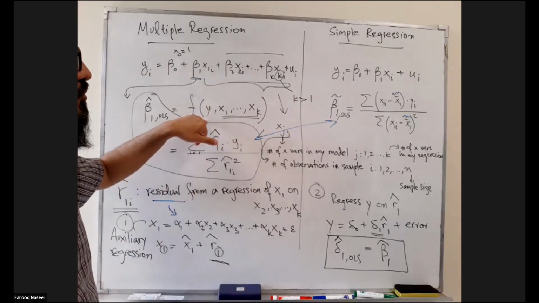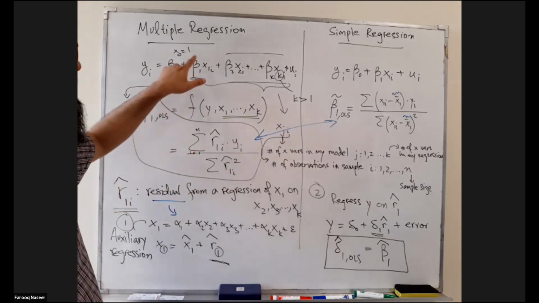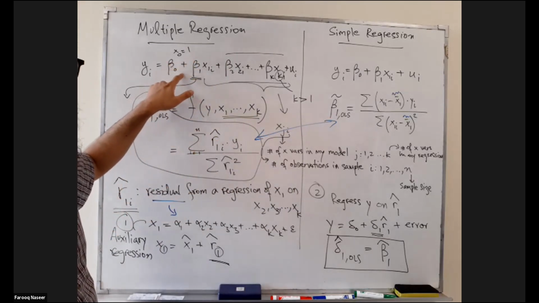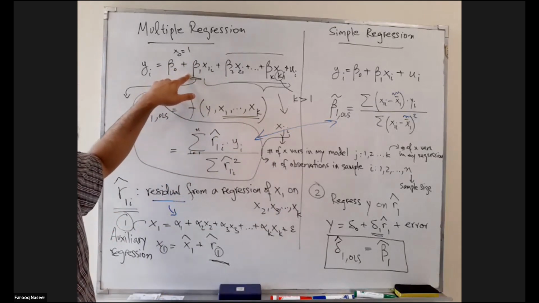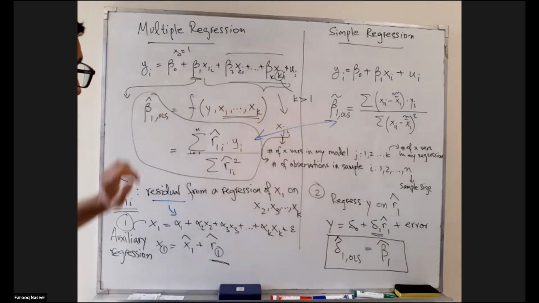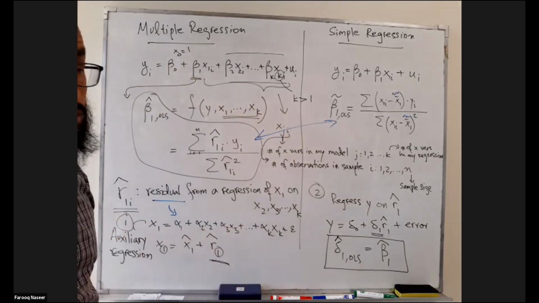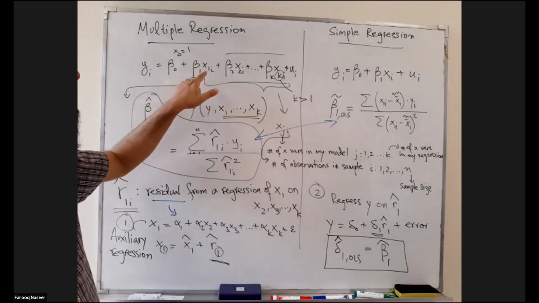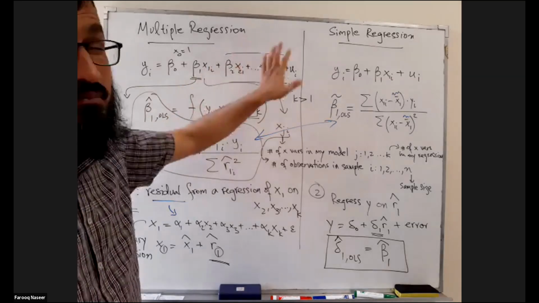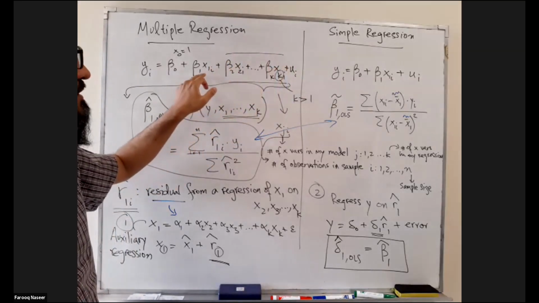Alternatively, if you were only interested in one slope coefficient in this model, the beta 1 in the multiple regression, you could do a two-step regression where in the first step, you regress the associated variable x1 on all the other x variables and obtain the residual.